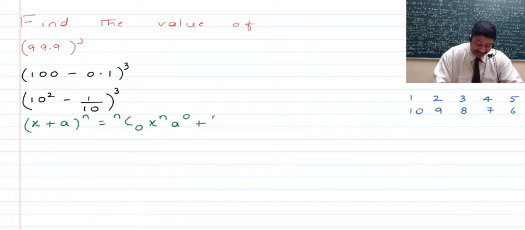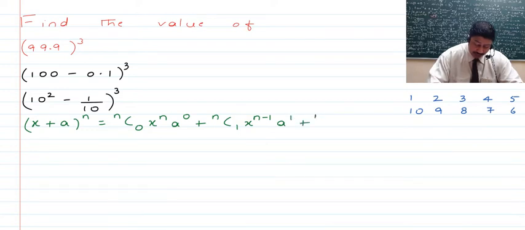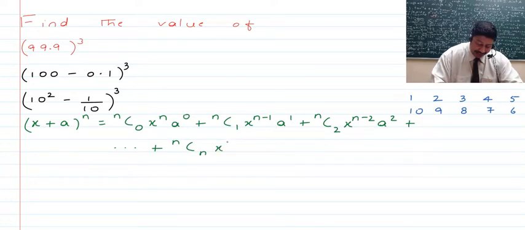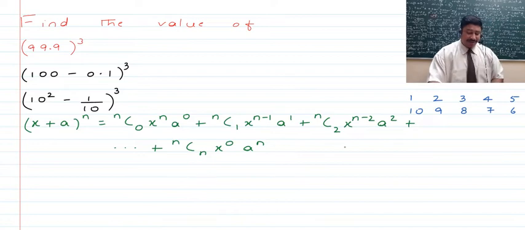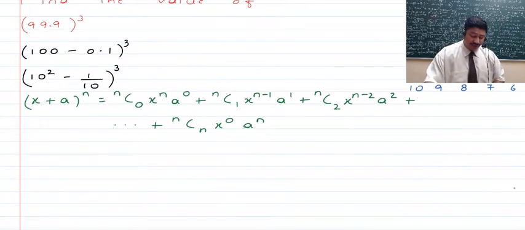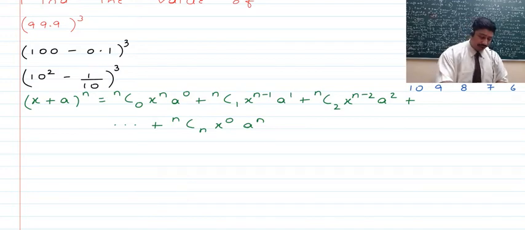To that is added nC1 x raised to the power n minus 1 a raised to the power 1, plus nC2 x raised to the power n minus 2 a square, and children, all of that continues up to nCn x raised to the power n minus n, which is 0, times a raised to the power n, right? So this is how we have the binomial expansion, which now we are going to apply to this binomial.